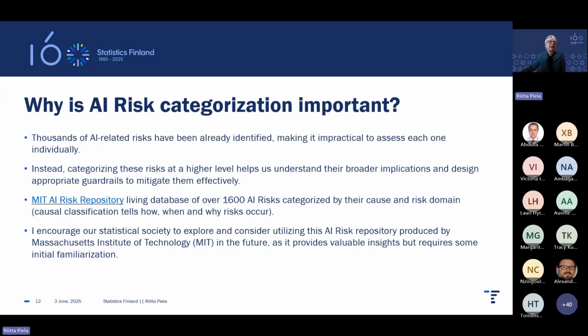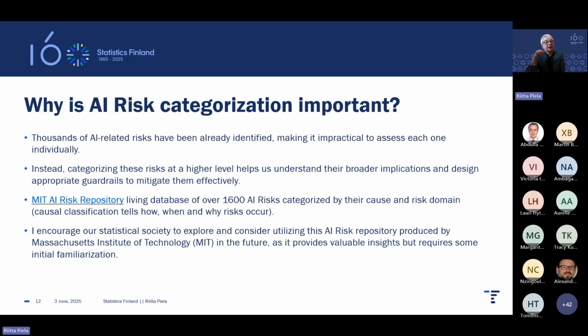And why is AI risk categorization so important? Because thousands of AI-related risks have already been identified, but it is impractical to assess each one individually. So instead, categorizing these risks at a higher level helps us to understand them better. There is already such a living database called the MIT AI Risk Repository.